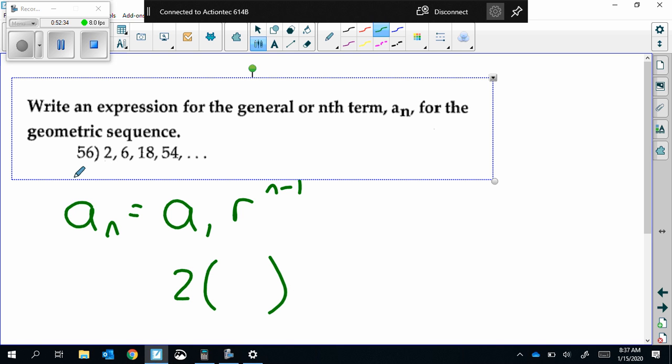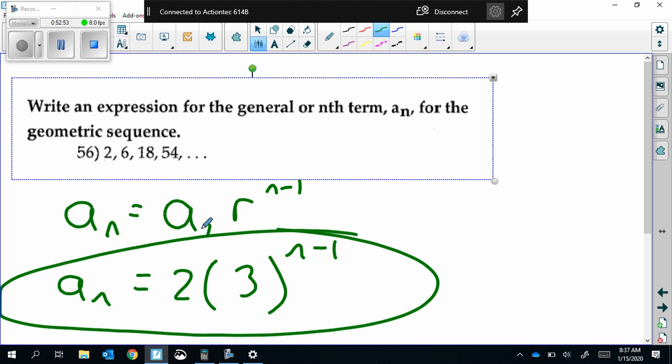R is what are you multiplying by each time? 2 to get to 6, we have to multiply by 3. Double check that that works. 6 times 3 is 18. Yes, 18 times 3, 54. Just make sure you have the correct R multiplication number.